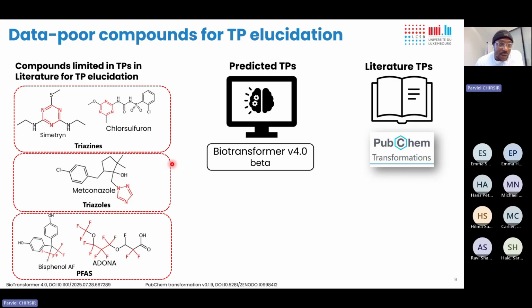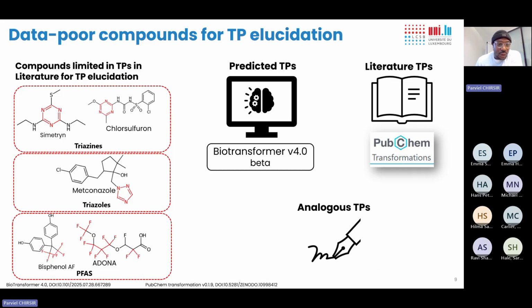But since in this case I selected data-poor compounds, we only had 1 transformation product, from chlorsulfuron. And then another strategy was to come up with analogous transformation products. So these are transformation products that I drew from structurally similar compounds to the precursors of interest that have transformation product data in databases.